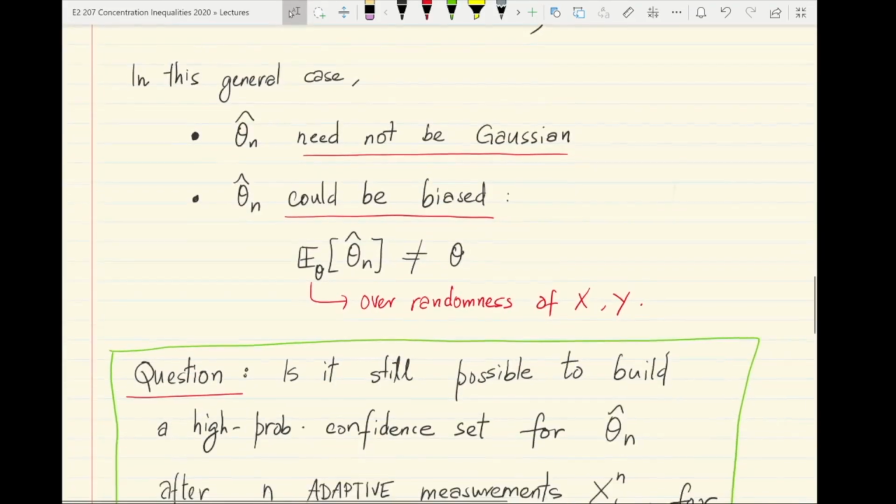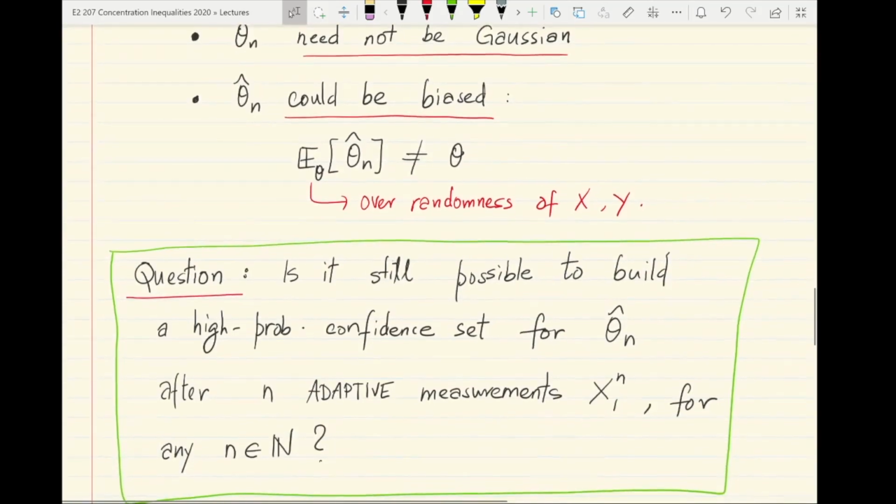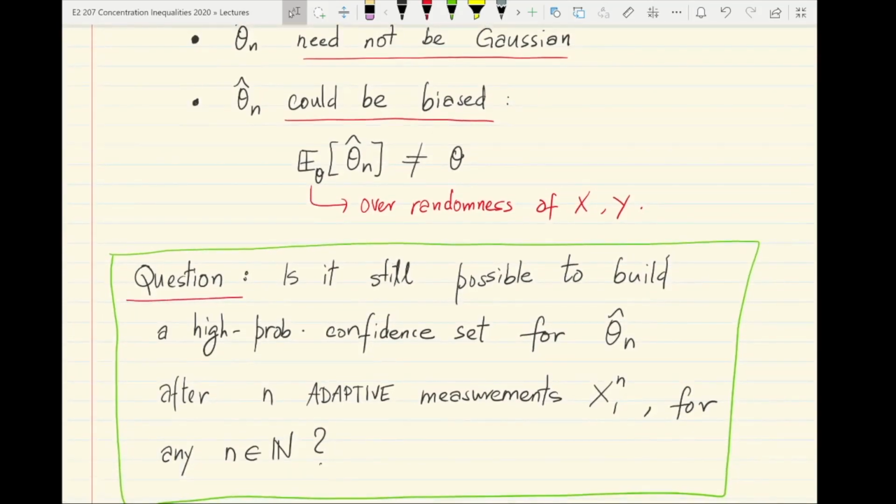But the interesting question from an inference point of view still remains: is it still possible to construct a high probability confidence set for such an adaptively constructed estimate theta hat n after n adaptive measurements, at any point in time small n? Note that even at a fixed point in time small n, the pattern of taking measurements x1, x2 up to xn could have a general distribution and be random. So one has to worry about that aspect as well.